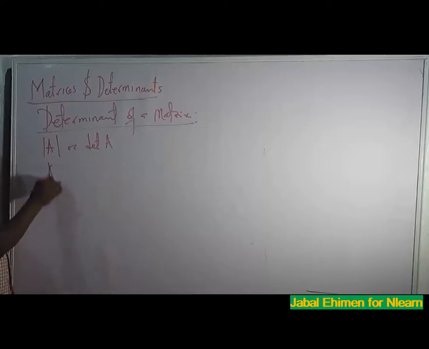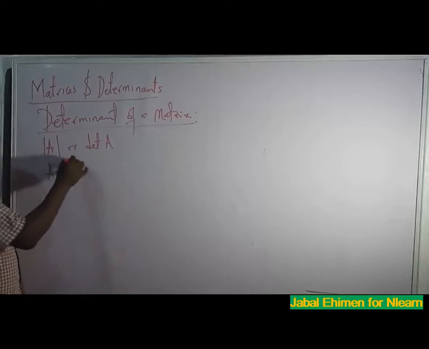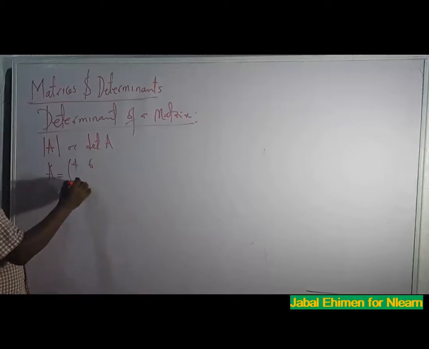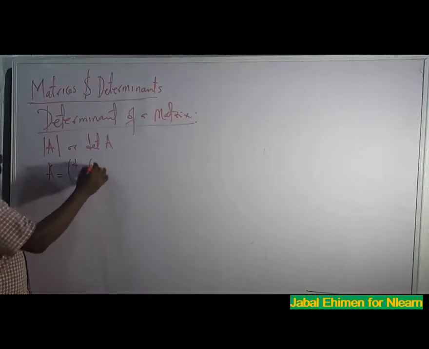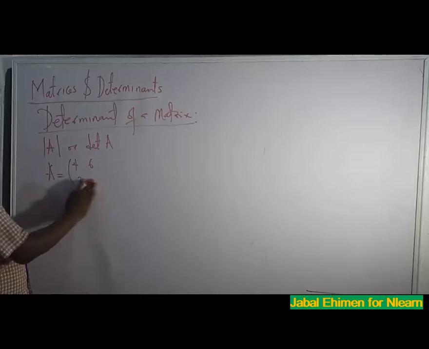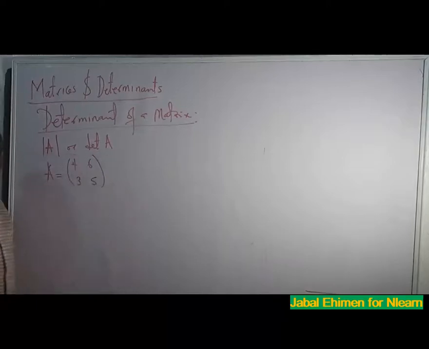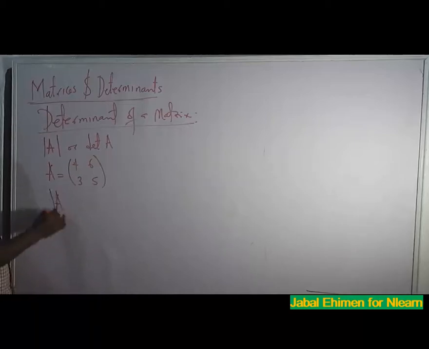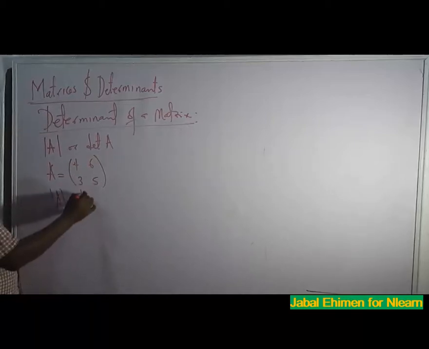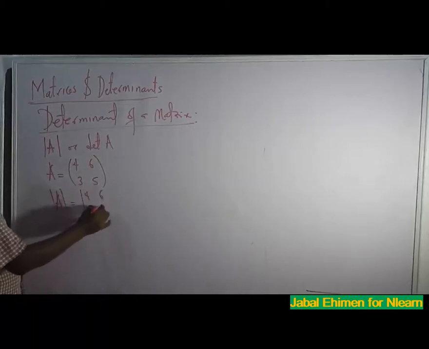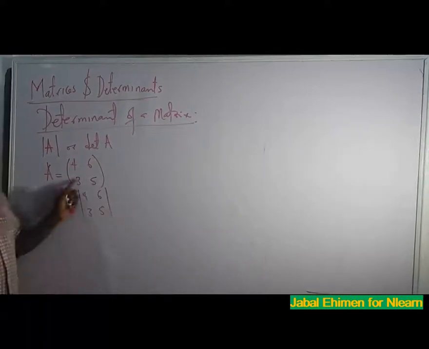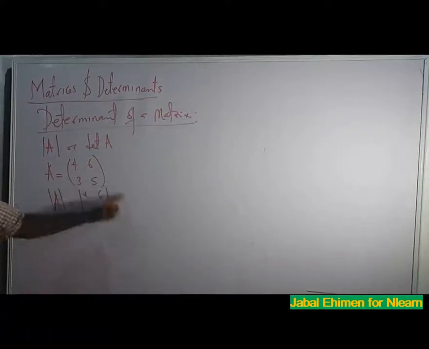If I have a matrix A equal to 4, 6, 3, 2, maybe I have this as 5. If I have a matrix like this, then the determinant of the matrix becomes 4, 3, 6, 5, and you see that the enclosure of the det sign shows up.